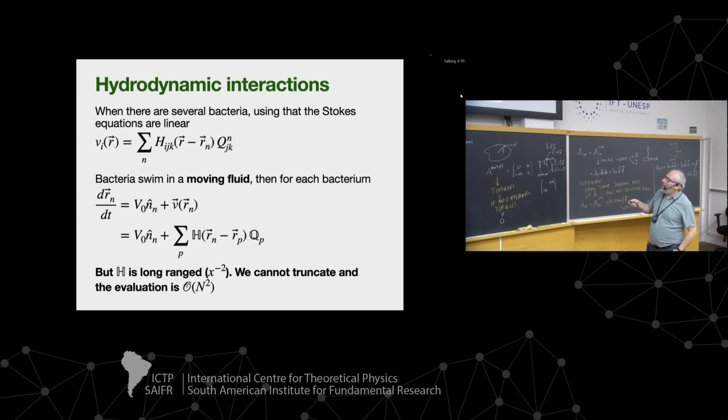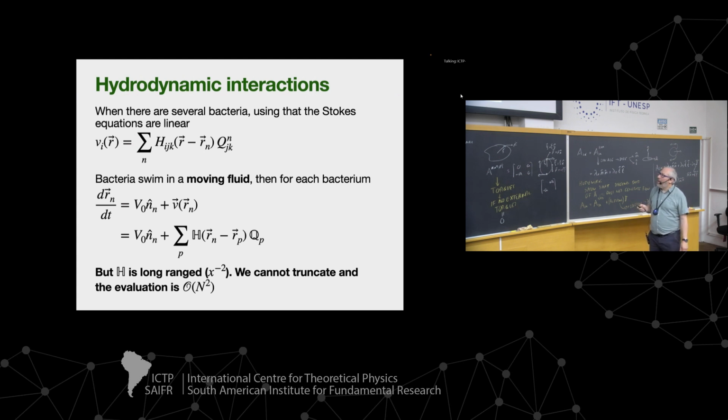So the velocity of each swimmer is its own velocity plus the sum over all the others with this interaction kernel H, which I wrote like a tensor, depending on the position of the swimmer I'm interested in, the positions of the other bacteria, and their dipoles.